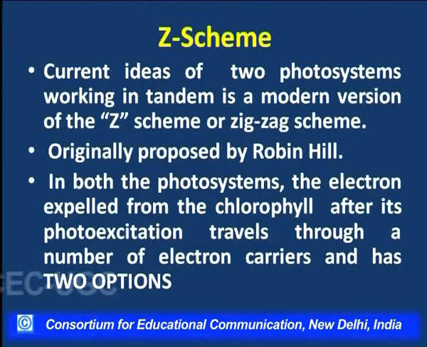The current idea as to how all these four complexes are temporally and vectorially attached to the membrane and how they function has to be given a diagrammatic and functional representation, and that is in the form of a Z scheme.